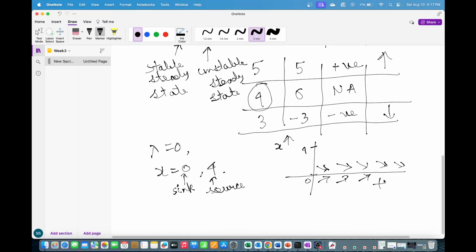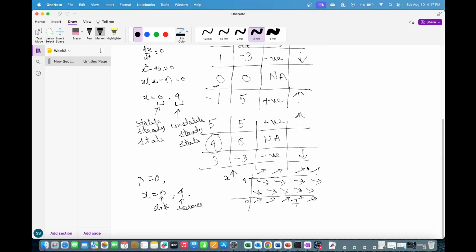So this is how the phase direction field will look around 0. This is what is known as a sink. Along 4, it will diverge. It is moving away from 4 like this. So this is what is known as a source.